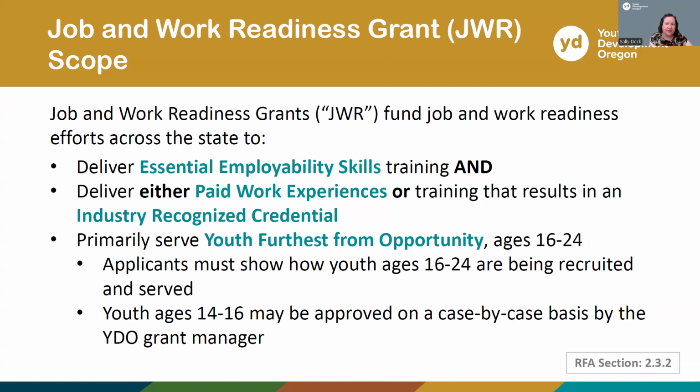And successful applicants should be able to clearly demonstrate how that age range is targeted. Younger youth may be approved on a case-by-case basis by the grant manager, and that's something that would happen after the grant was awarded and would be handled, again, in small numbers. The intention is that youth in this grant will be 16 to 24 years old. Next slide, please.